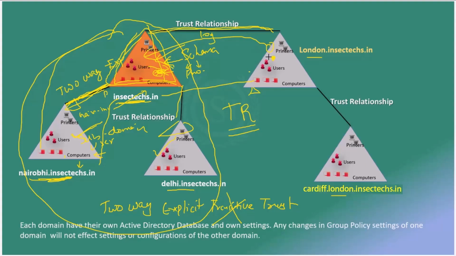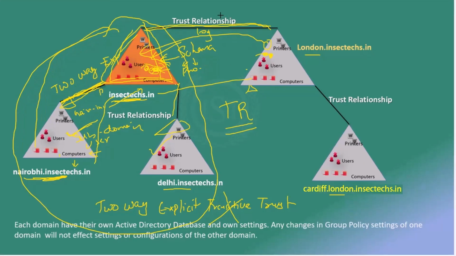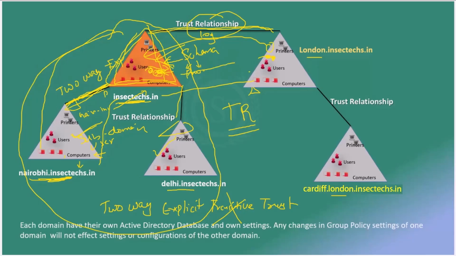It means that there should be a connection between an office and a headquarters, okay. So this is called a trust relationship, and this is two-way. This is a two-way implicit trust relationship, not explicit.